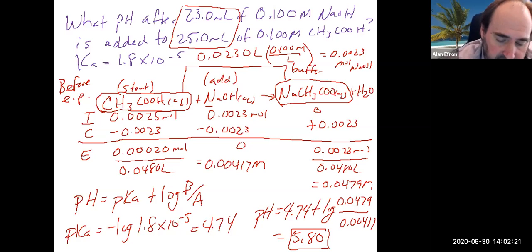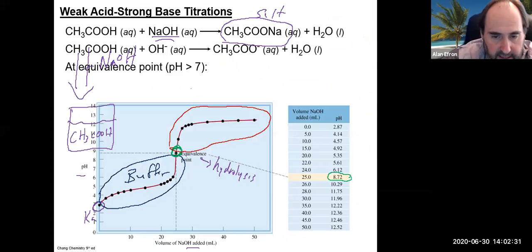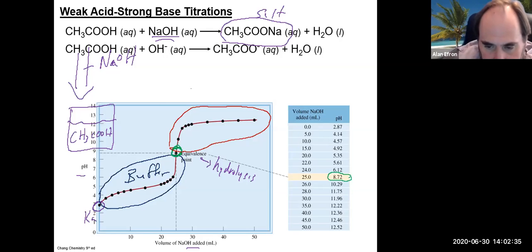Any questions on that calculation, where any numbers came from, any of those things? So just to kind of give us an idea where we're at, I'll put it back up in just a sec. So at 23 milliliters, I should actually move this to the right spot. That puts us right here.